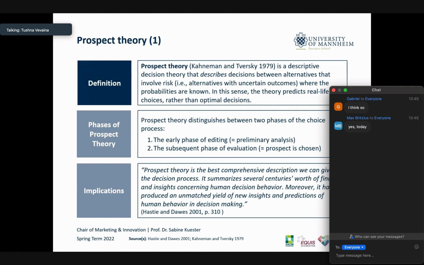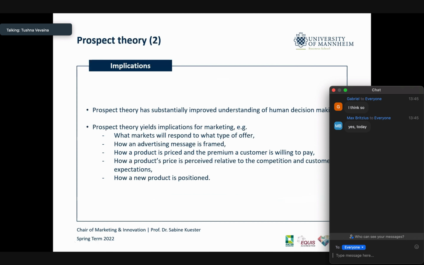But as of now, we're sticking to a very basic idea of decision making and using prospect theory and a point of reference around which your entire prospect theory focuses.